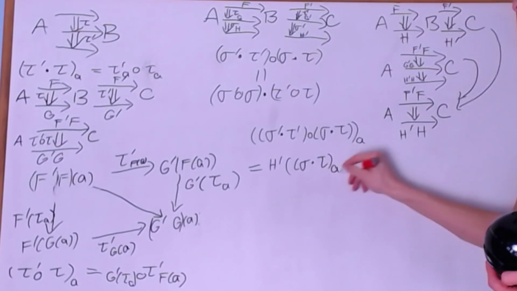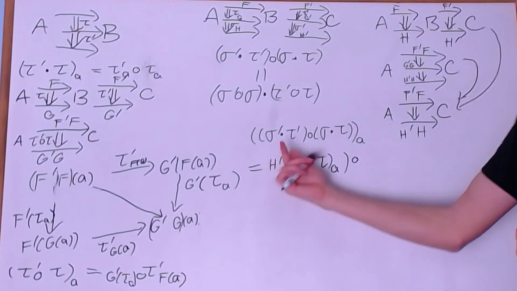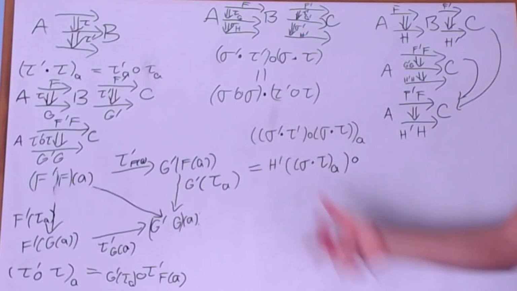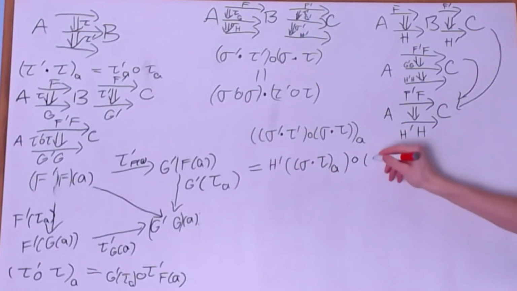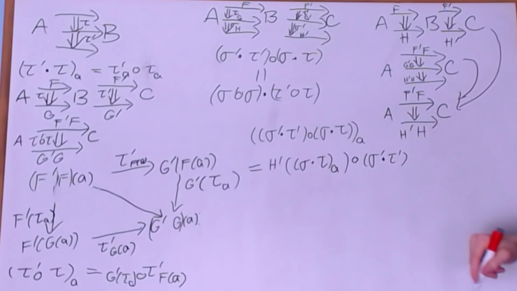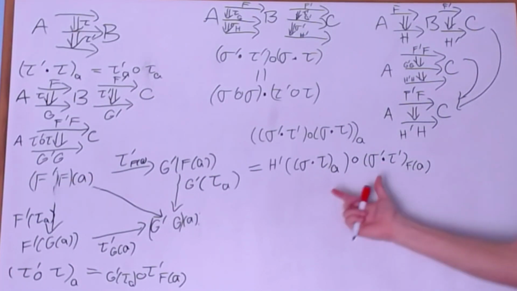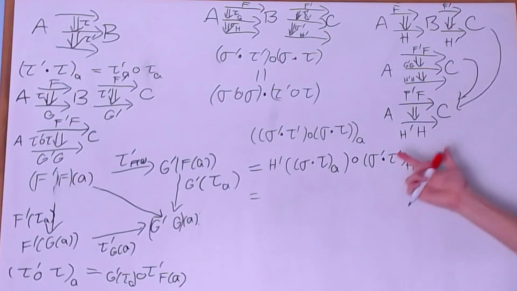We do it at A. All right, then we can compose that with tau prime, which is the second one in the composition, is then sigma prime dot tau prime. And that's going to be at F of A, which in the diagram you can see is still F of A.